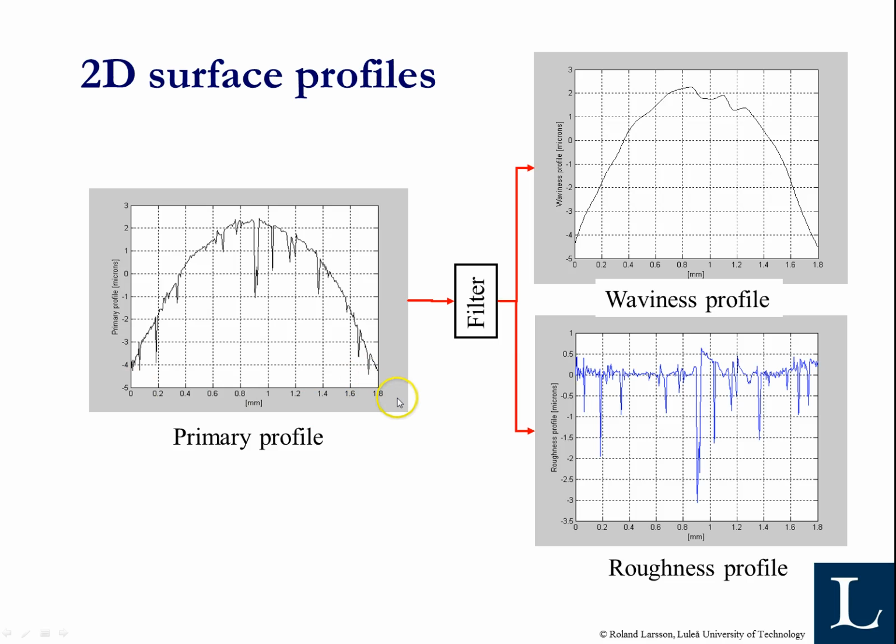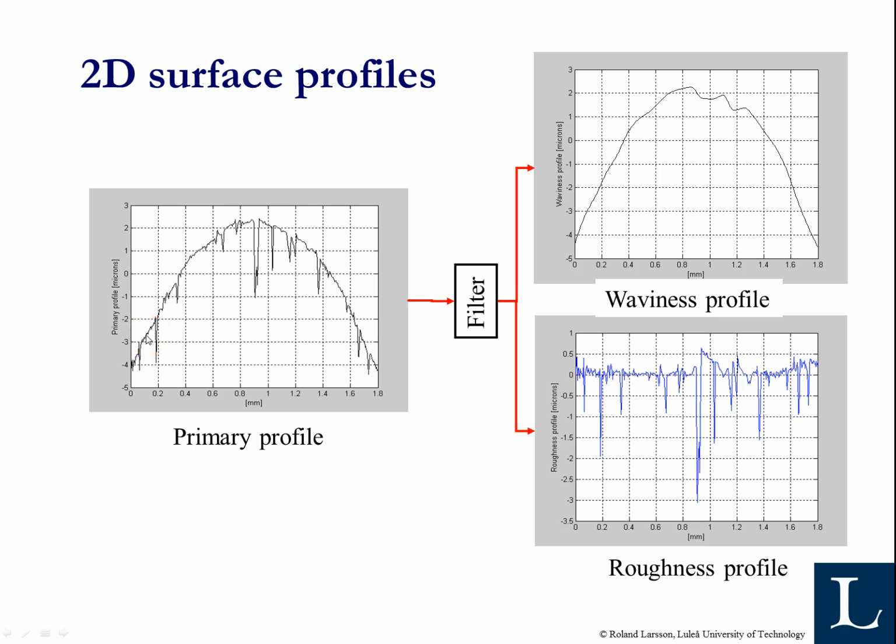It's almost 2 millimeters, and if you try to use this, what is called the primary profile, to measure the surface roughness height, the surface roughness height will be something between -4 to 2 micrometers, so it's more than 6 micrometers, and that is not at all representative for the actual roughness.